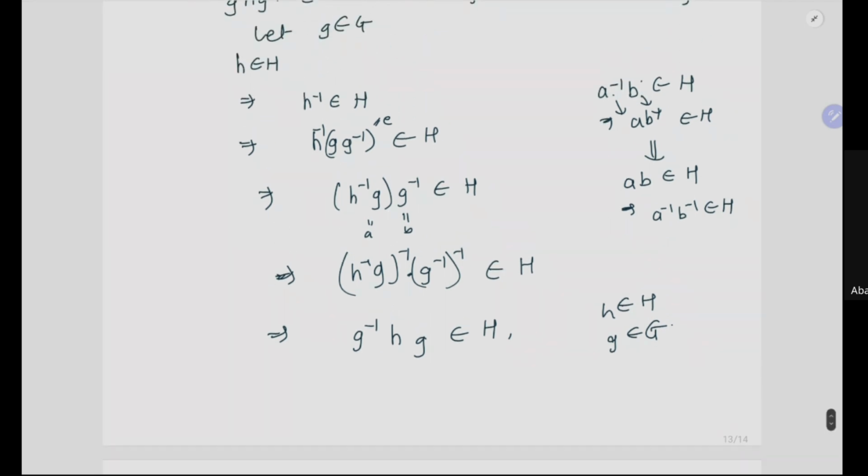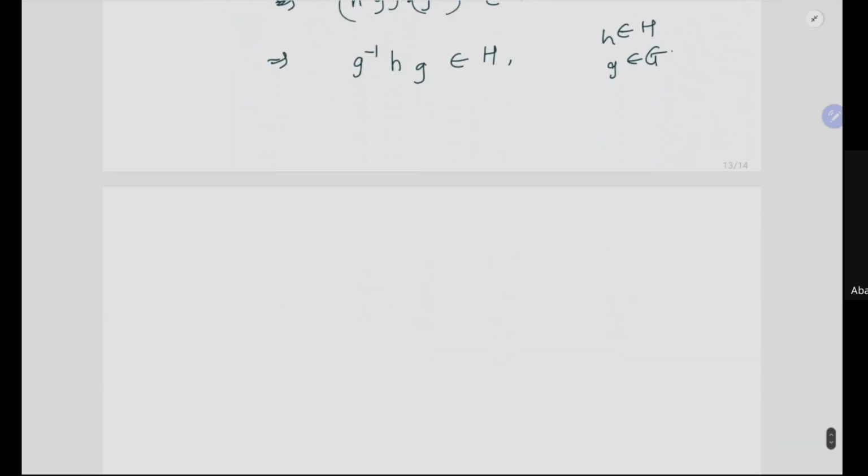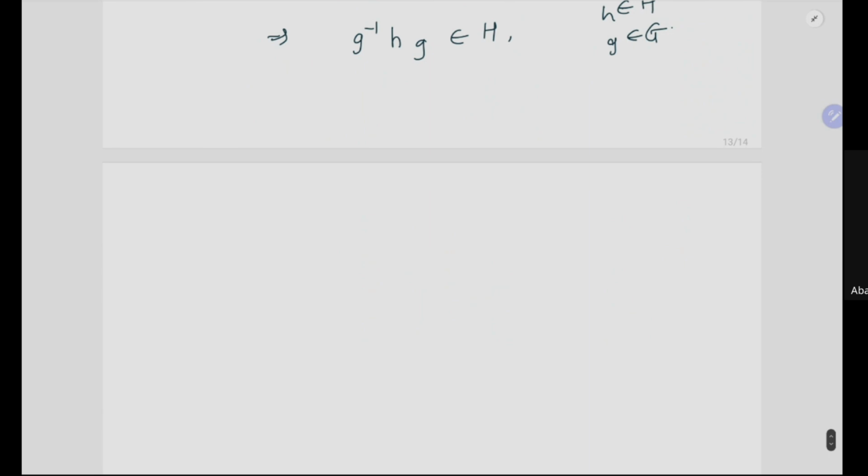Is this clear? So we just had to use this property, and this actually translates to this, that if AB belongs to H, then A inverse B inverse belongs to H. That's what I used here. Is this okay?